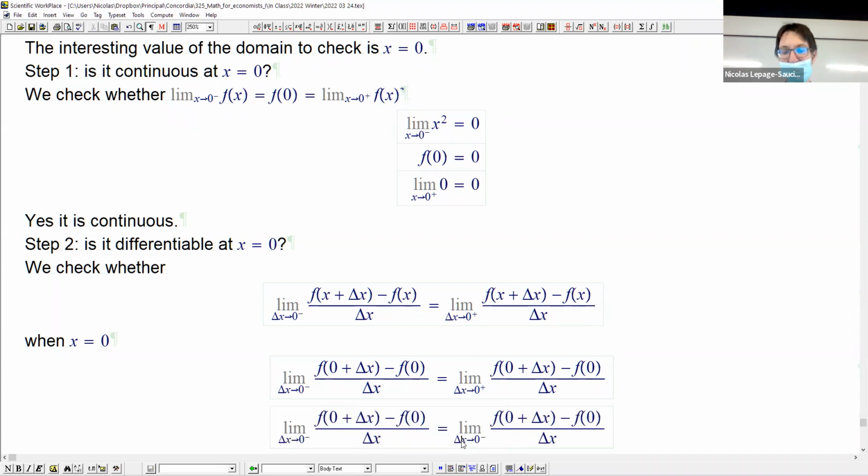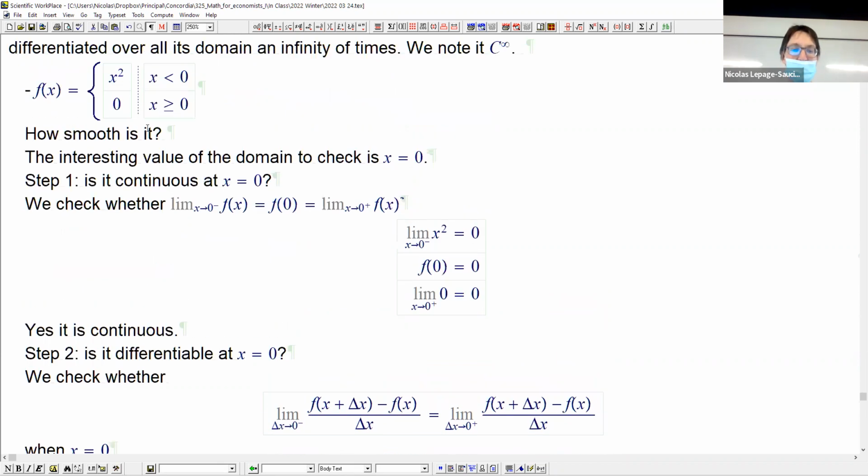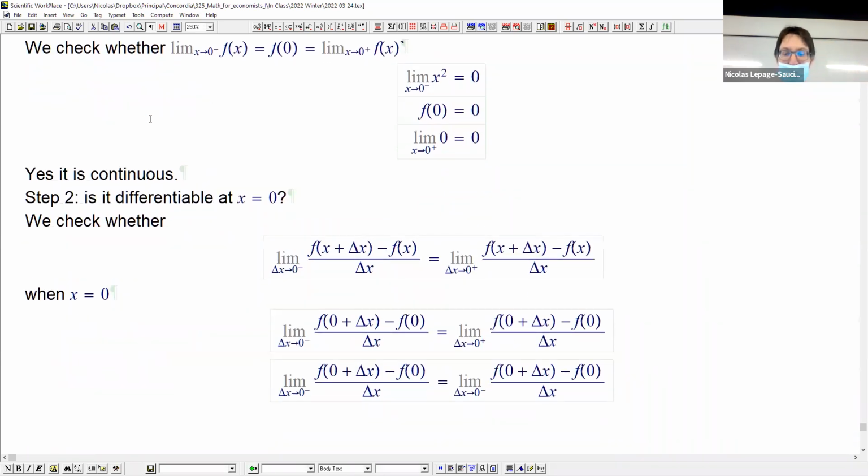So when delta x goes to 0, but from negative values, it means that 0 plus delta x is some negative value, right? So in what section of the function am I? I am in the negative section of the function, so it's x squared that I take, minus f of 0.